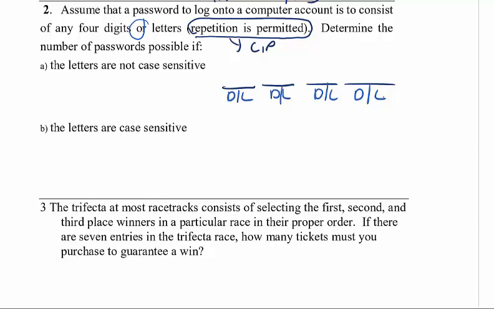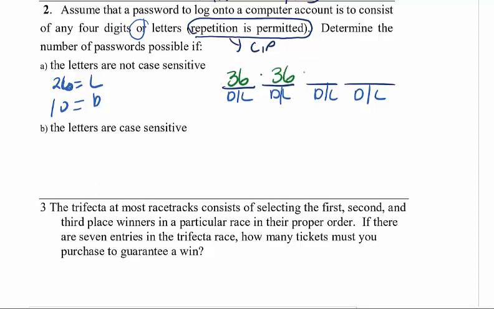So in A, it says the letters are not case sensitive. If they're not case sensitive, we have 26 letters, and we have 10 digits. So for each choice here, we have 36 options.